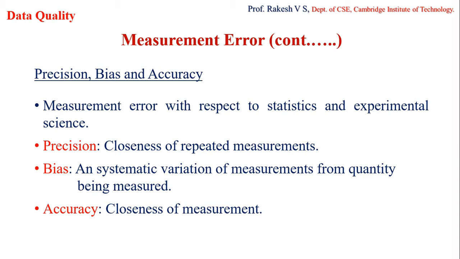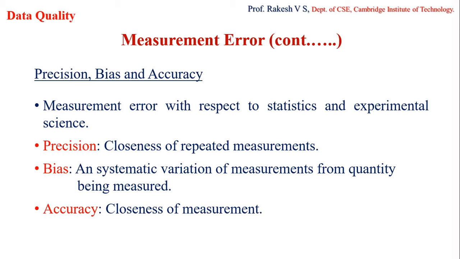Say I have three variables and I perform the experiment and note down the results; how much variation we see among them is what bias is. And accuracy represents the closeness of measurements to the true value of the quantity being measured. So how close the result of the measurement is.